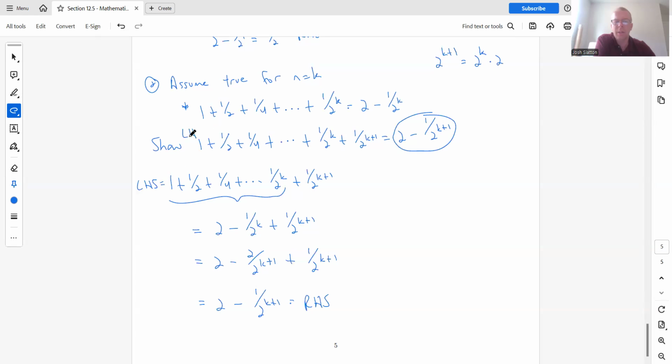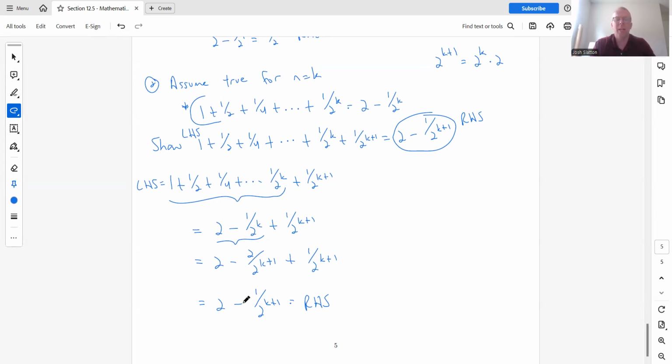So there's our left-hand side, and there's our right-hand side. Start with the left-hand side. Use your inductive hypothesis here to get that. And then it's just a matter of algebra. So with the algebra here, multiply top and bottom by 2, and then negative 2 plus 1 gives us the negative 1 over 2 to the k plus 1.